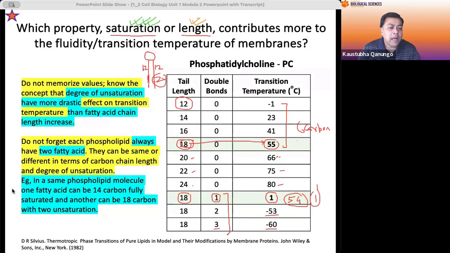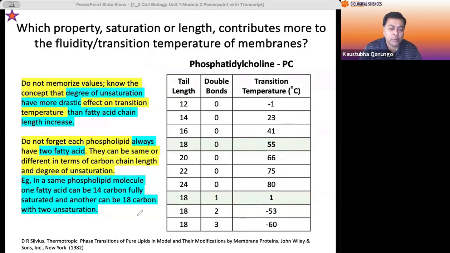So what type of question are we going to ask? We may ask you to calculate the transition temperature of 3 different membranes with different composition. We have to tell you that all these membranes are made up of the same type of phospholipid. We will tell you that they are all phosphatidylcholine or all phosphatidylserine or phosphatidylethanolamine. Otherwise, it will not make sense.